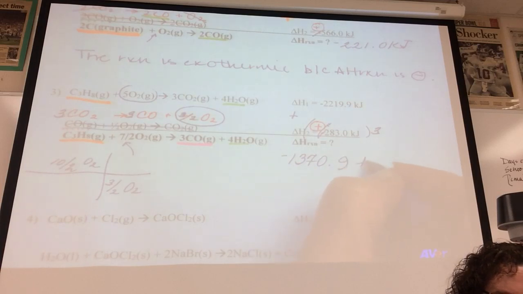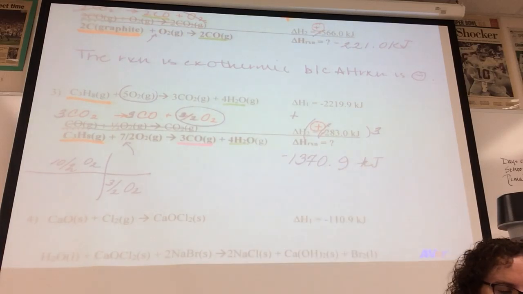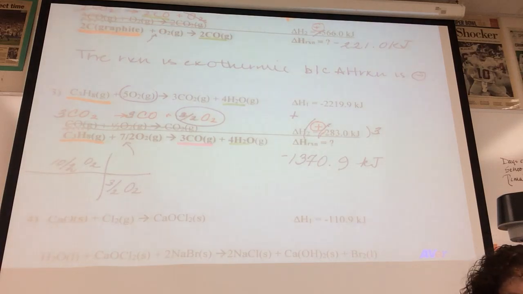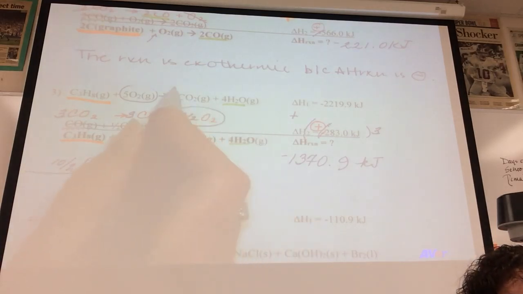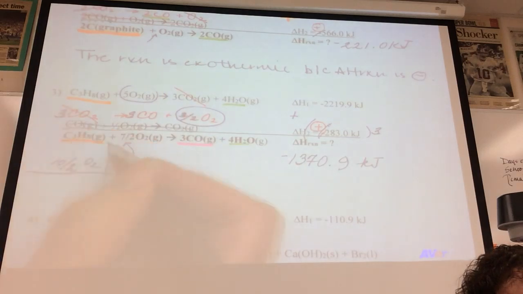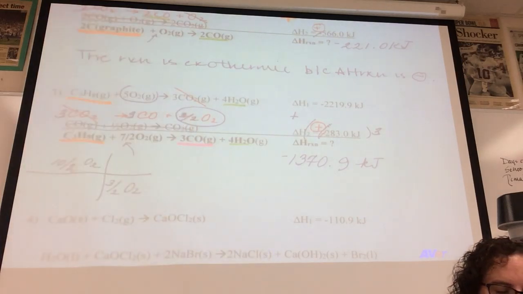And actually I jumped the gun a little bit, and on this one it's not going to matter, but on a subsequent problem it could. So I do want to go back and reiterate. It's very important that you cancel anything that's not in the net equation here. Make sure you go back and cancel as we did everywhere else.